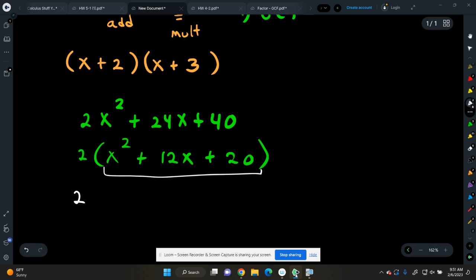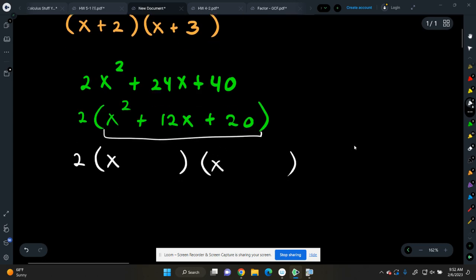So it's going to be 2, and I'm going to make my two parentheses and put x in both parentheses. Everybody see that? Now, two numbers that multiply to equal 20, but add up to 12. 10 and 2. And we're done.